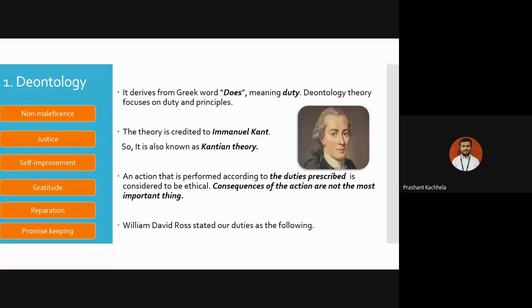If we talk about Indian culture, then a few priorities are given to a few duties which are very important according to Indian culture. But if we talk about other countries' cultures, then other duties are very important for them. So we cannot say that this is a complete list, but it is the list provided by William David Ross, and there are a few other duties as well on which, as human beings, we should focus more.